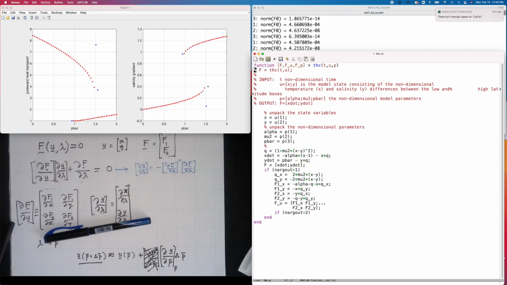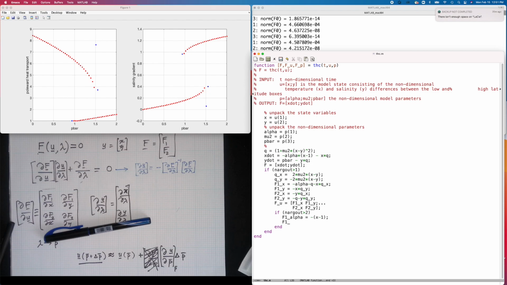The derivative of the model equation with respect to the parameters, and that's easy to compute. So down here, I would add. So where's my equation? X dot is over here. F1 sub, and there's 3 parameters, so I'll compute all of them while I'm at it. F1 sub alpha is equal to minus x minus 1.